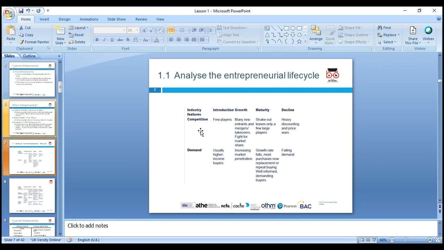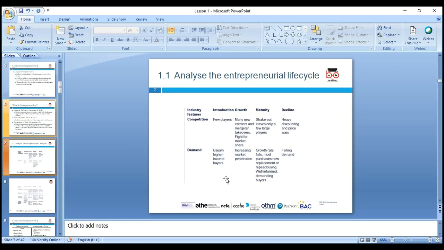The cycle of industry features and competition has an introductory stage, growth, maturity, and decline, like you already learned in the product life cycle. In entrepreneurship in a business there can be many new entrants, and mergers and takeovers can happen.